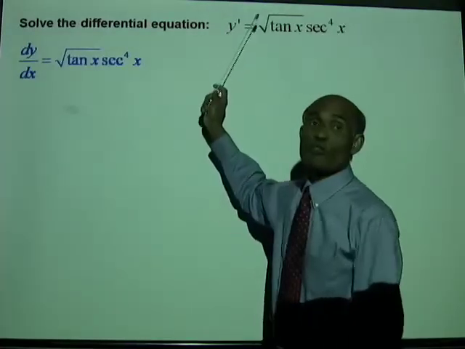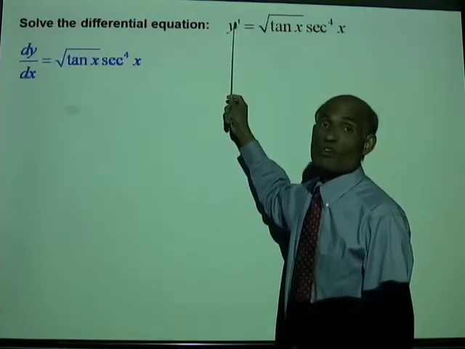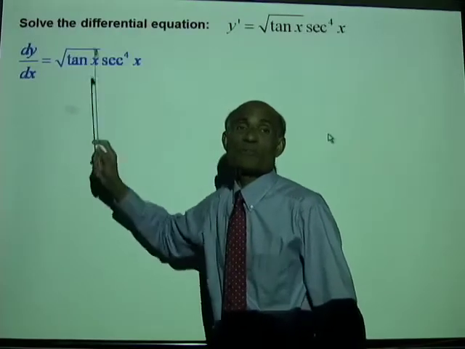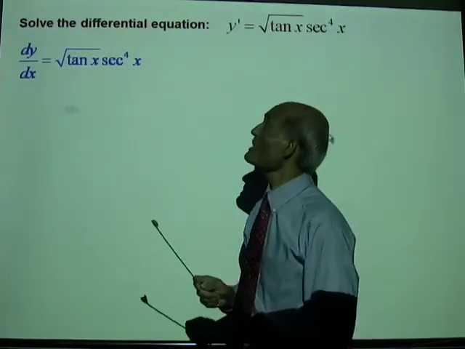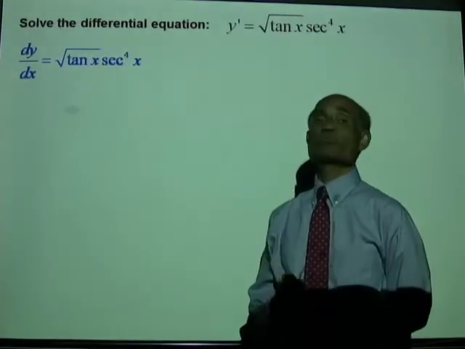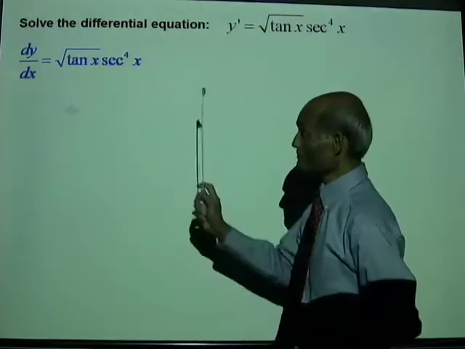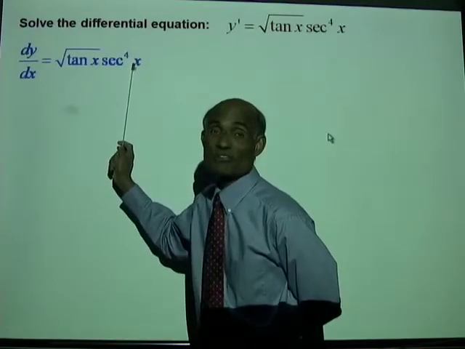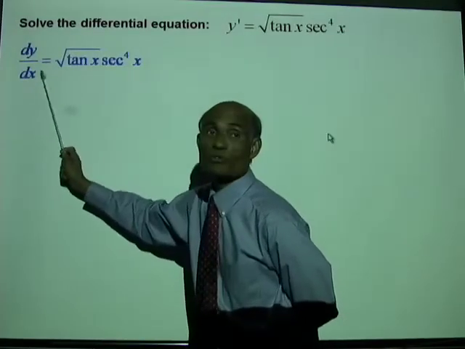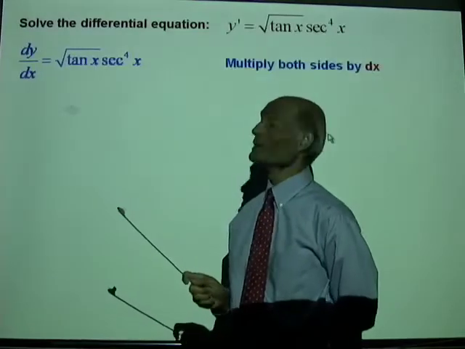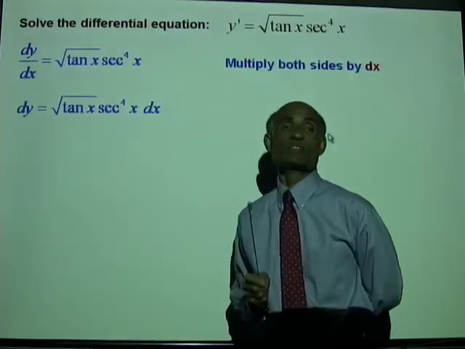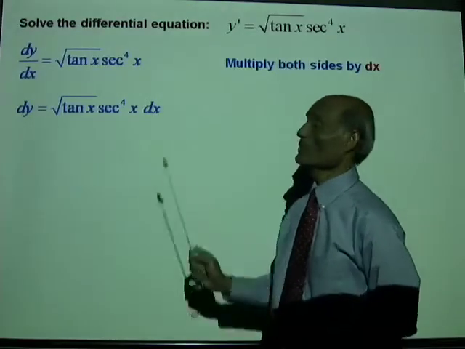So we have, first of all, a differential equation. So y prime, write it as dy by dx. dy by dx equal to square root tan x secant to the power of 4x. Our aim is to solve y as a function of x, is that right? So first of all, multiply both sides by dx. That will give you dy equal to square root tan x secant to the power of 4x dx.